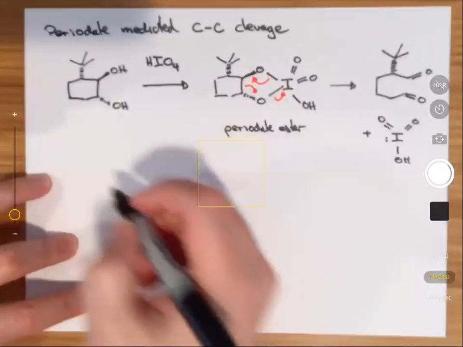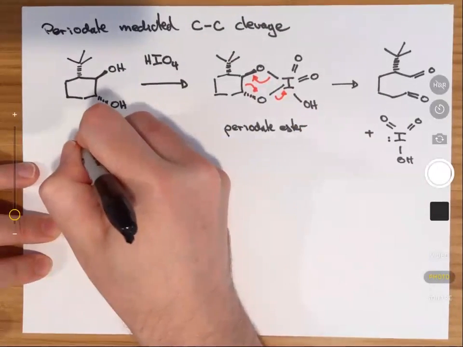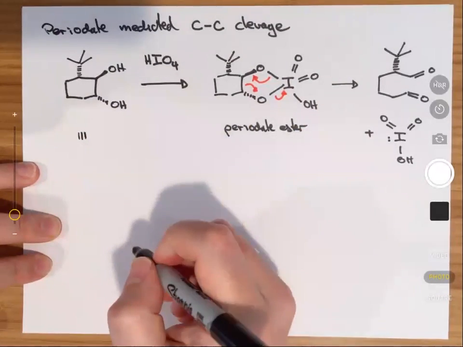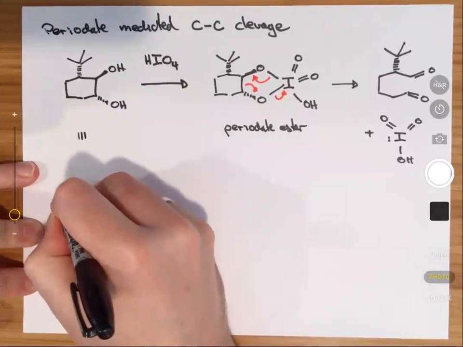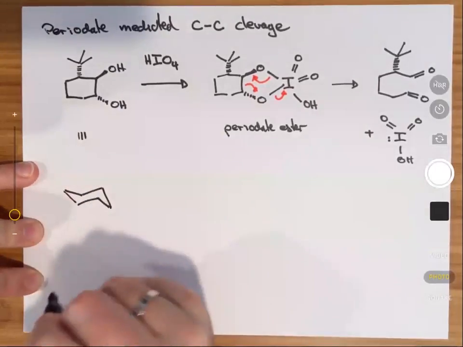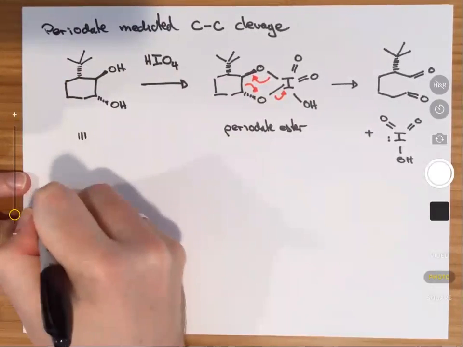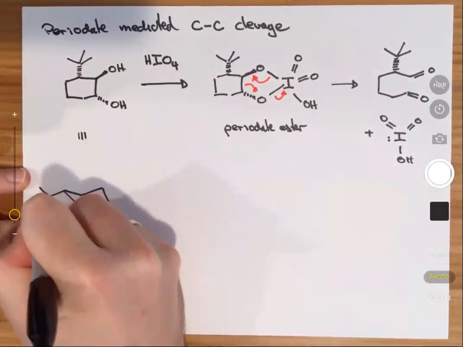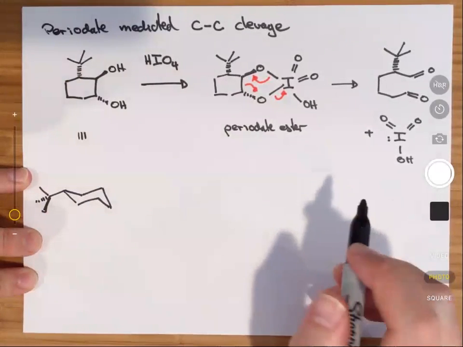So in this case, if we take a closer look at this, if we drew this out in a chair conformation, we can draw this like this, and the T-butyl group here will certainly adopt an equatorial position. This is just to make the steric interaction as small as possible.